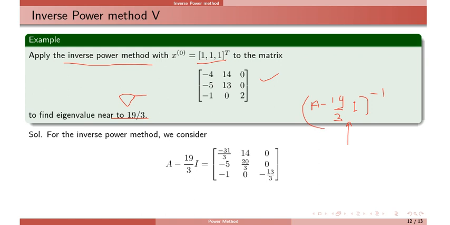Firstly compute A minus 19 by 3 I. What is I? The identity matrix of order 3. So just subtract 19 by 3 times 1 on the diagonal: minus 4 minus 19 by 3, 13 minus 19 by 3, 2 minus 19 by 3. This will be A minus 19 by 3 I.